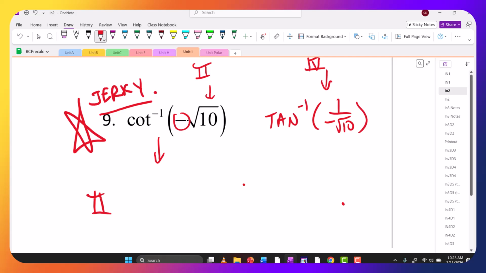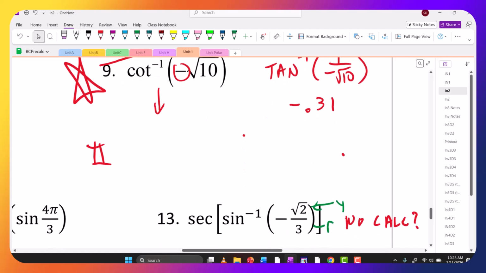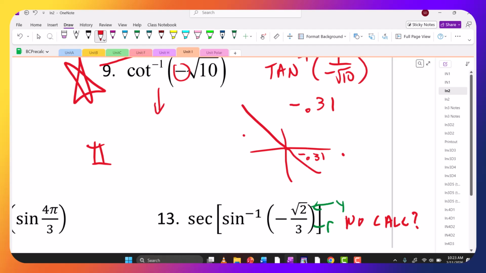Oh, no. Did anyone type it on their calculator? Did anyone inverse tan this? What'd you get? Okay, here's what you got to do then. That's this angle measure right here, negative 0.31, which is the reference angle in quadrant 2. So all I have to do is take pi minus that 0.31 to get what this angle measure is.